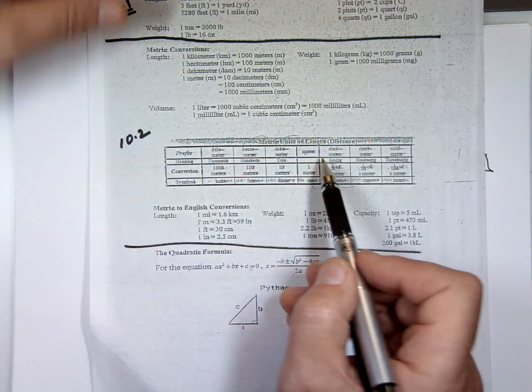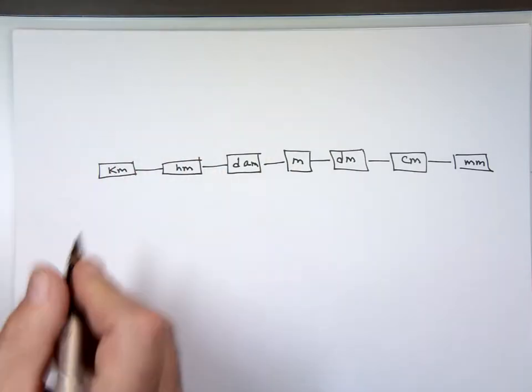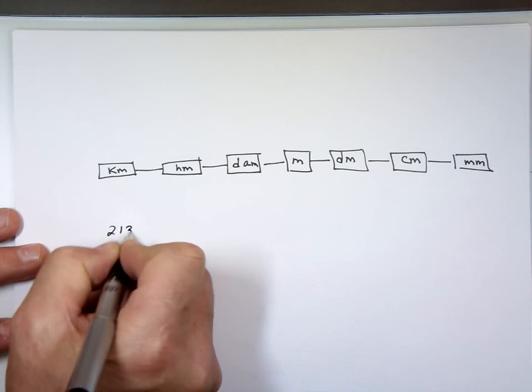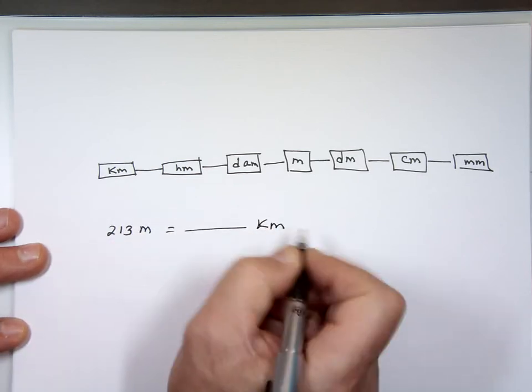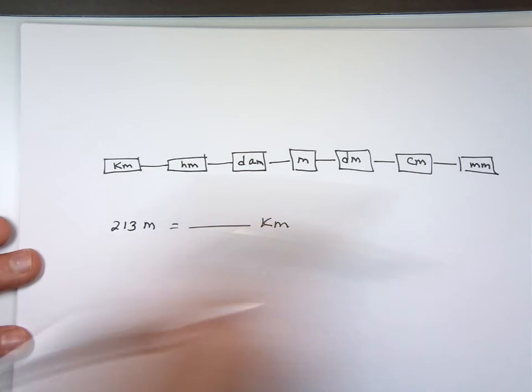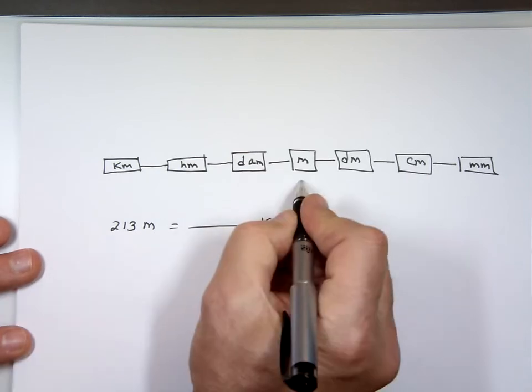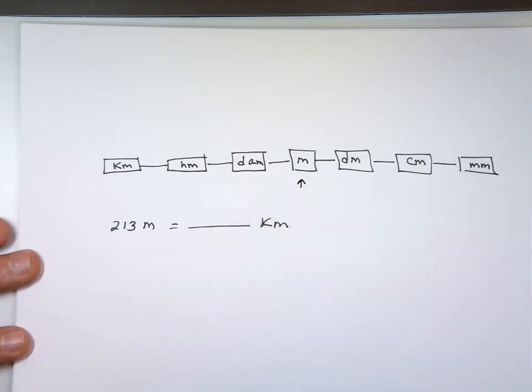So watch how easy it is. You want to go 213 meters. You want to convert that to kilometers. Now, where is the meters on my chart here? The meter is right here. And where do you want to go? To kilometer. Right?